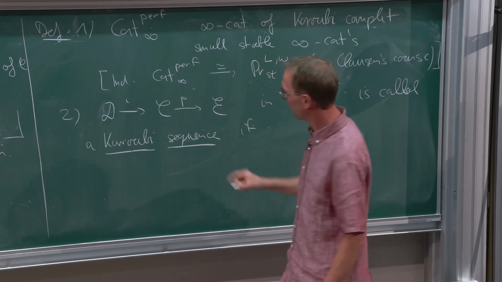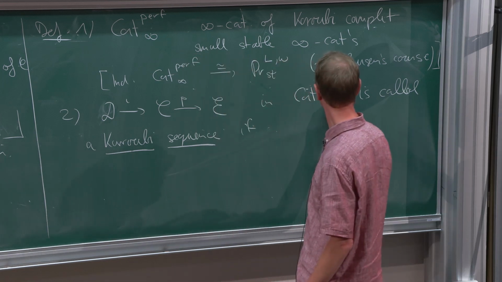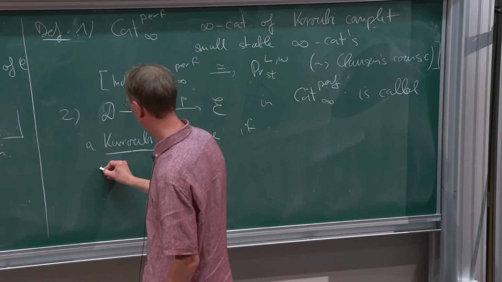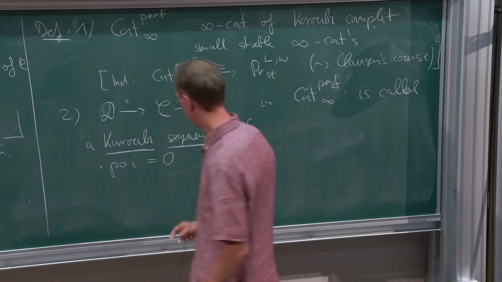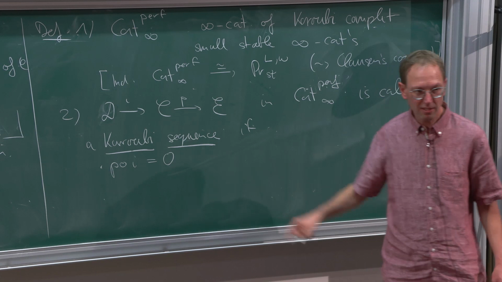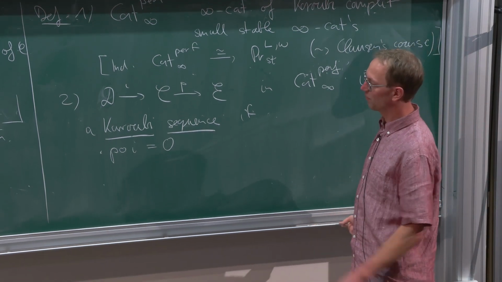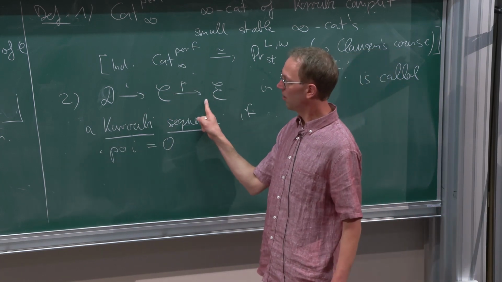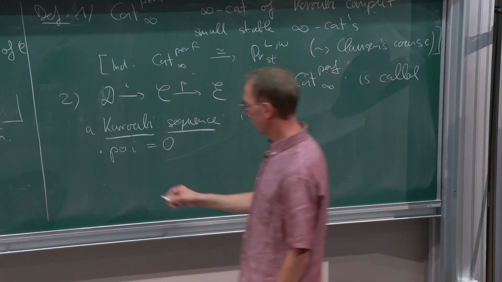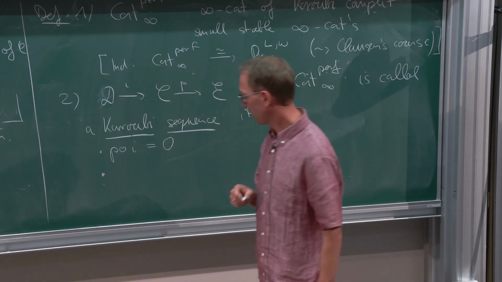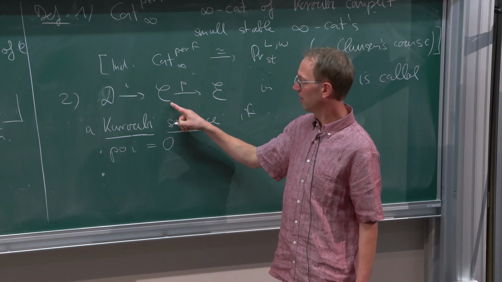So first of all, we want that the composite of these functors is zero. So P composed with I is zero, and you can check this is really a condition, not an additional datum. So the space of null homotopies of this composite is contractible, or it's empty. That's the first condition. Now this composite is zero.